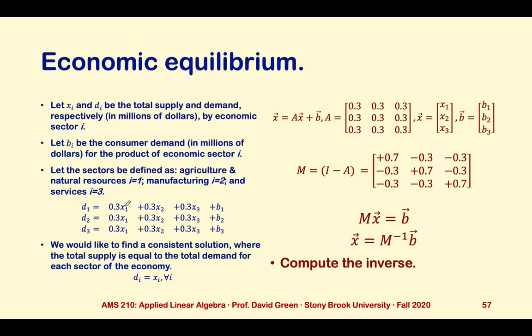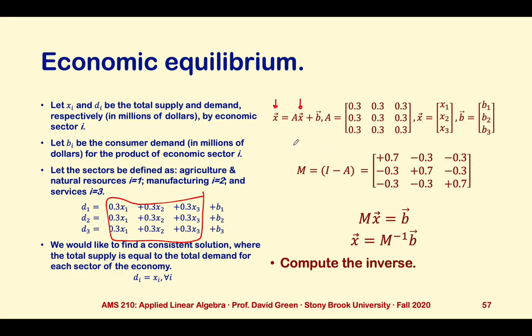This general problem, x's equals these right-hand sides, can be written as x equals Ax plus b, with our coefficient matrix of all 0.3s corresponding to this block here, an extra constant block of b's, and our variables both on the left-hand side and multiplying the vector.